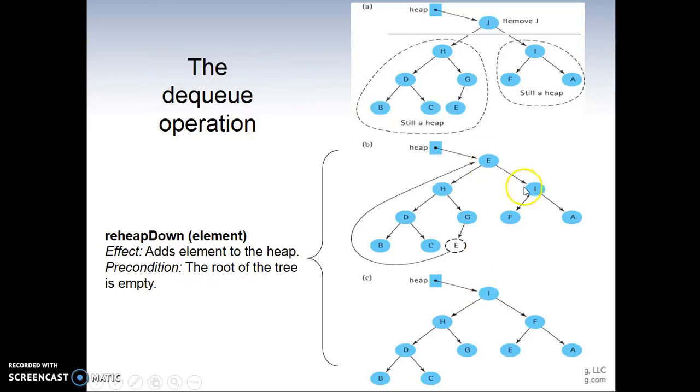So I is going to move up, and E is going to go where I was. Then we have to move E again because we have to compare between A, F, and E. We see that F is greater, so F becomes the parent and E moves down. So now we have the heap back with two properties, shape and order. So that's how we do dequeue.